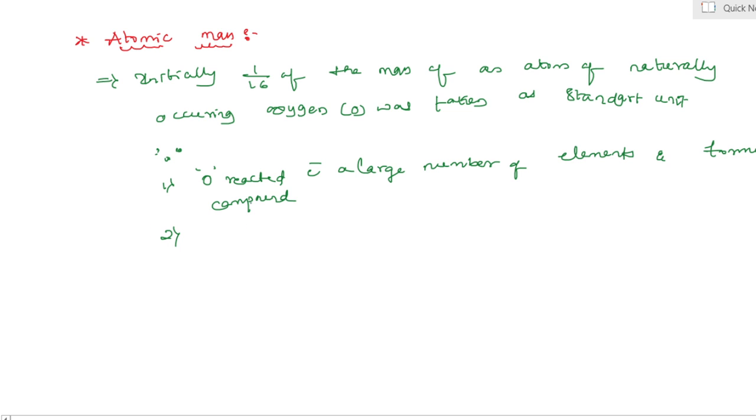And second, this unit gave masses of most of the elements as whole numbers.